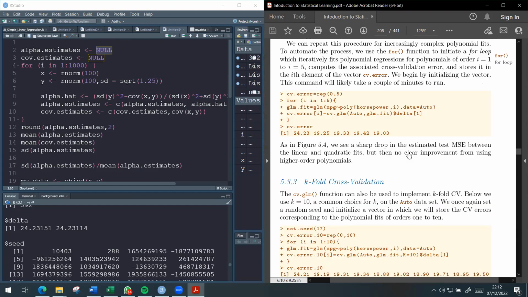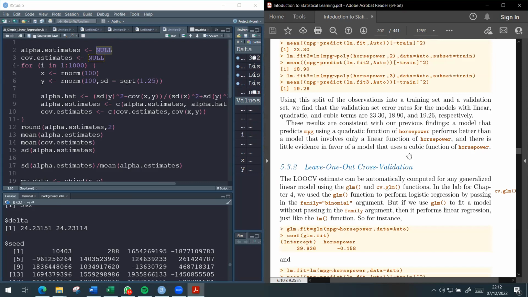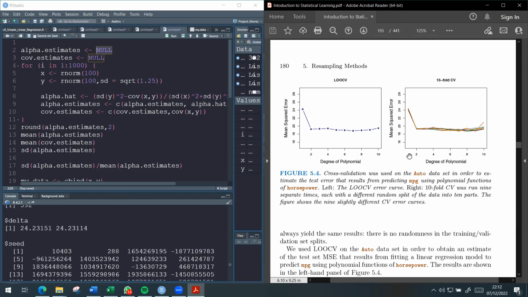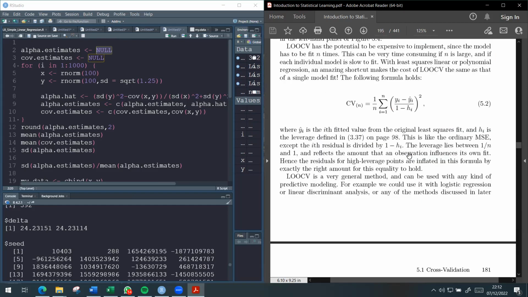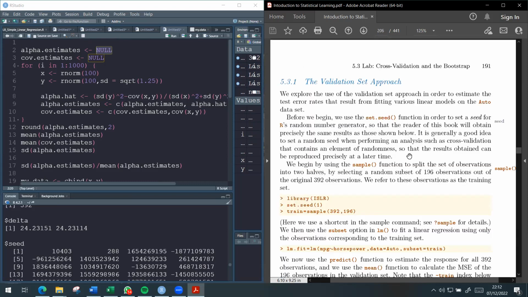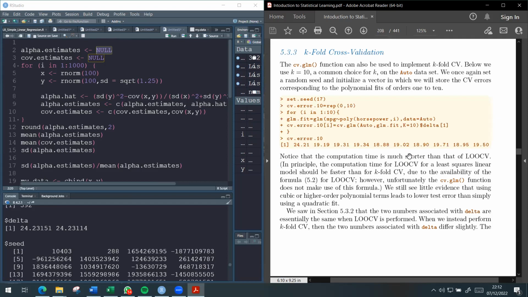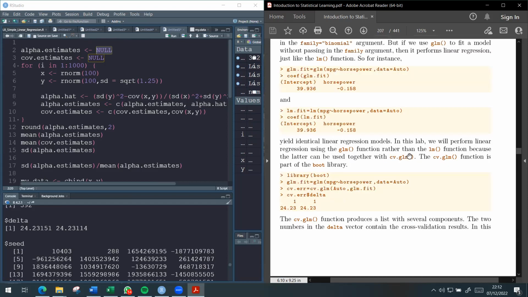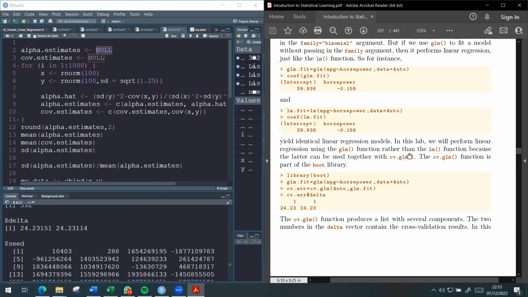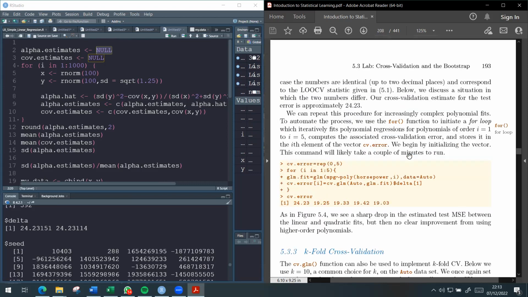As in figure 5.4, you remember figure 5.4? It was this one. See a significant drop, and then there are hardly any differences. We must be somewhere over here, right? Okay.